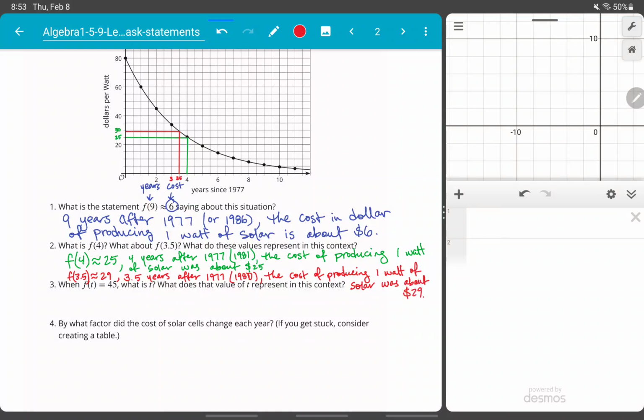Yep, 3.5 years after 1977, so about 1980. The cost of producing 1 watt of solar was about $29.